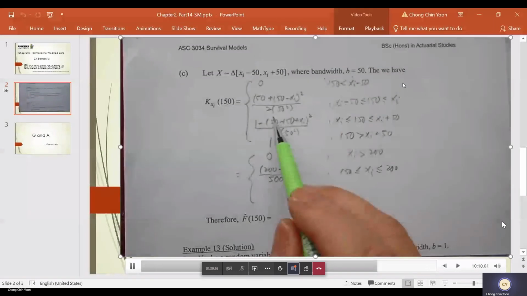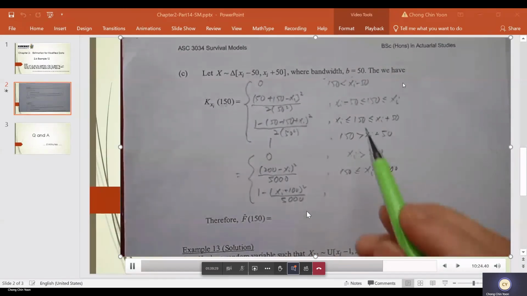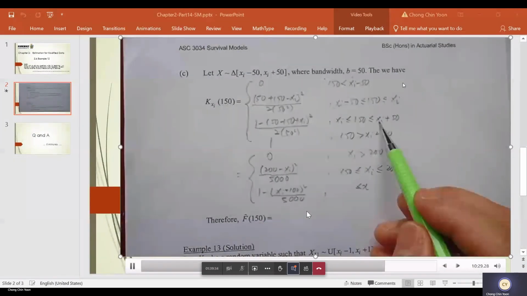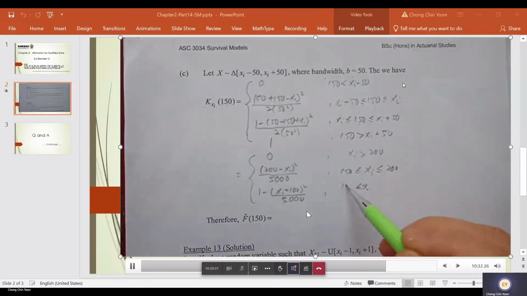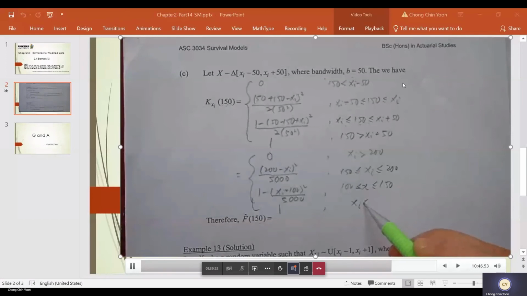For this result, it will be 1 minus xi minus 100, squared, divided by 5,000, when xi is greater than or equal to 100 and less than or equal to 150. And the last result is 1, when xi is strictly less than 100.